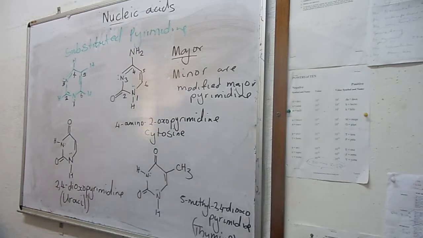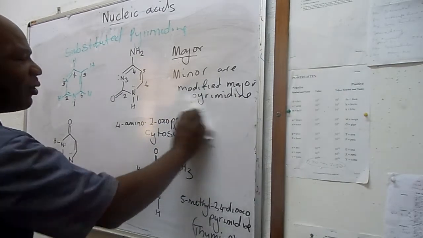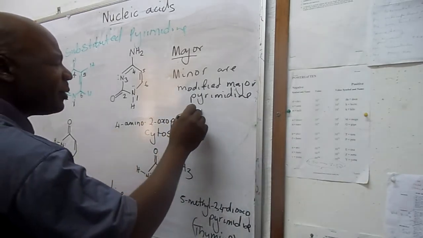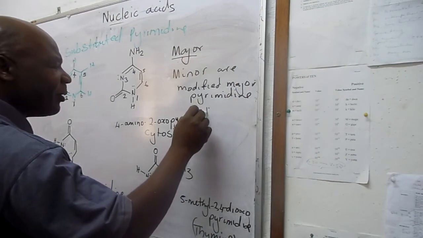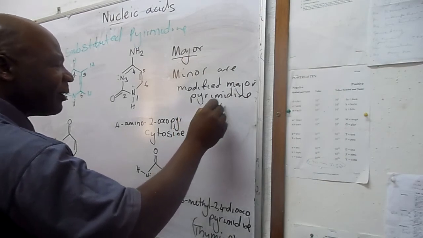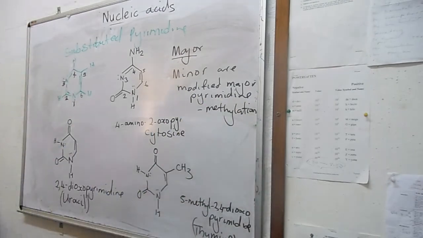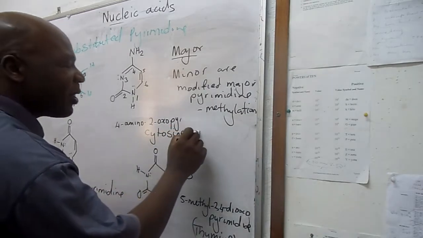The major modifications that are known to exist in DNA, for instance, include alkylation, or let me say methylation in particular. Methylation of some pyrimidines. Some pyrimidines can be methylated. Others may be hydroxymethylated.